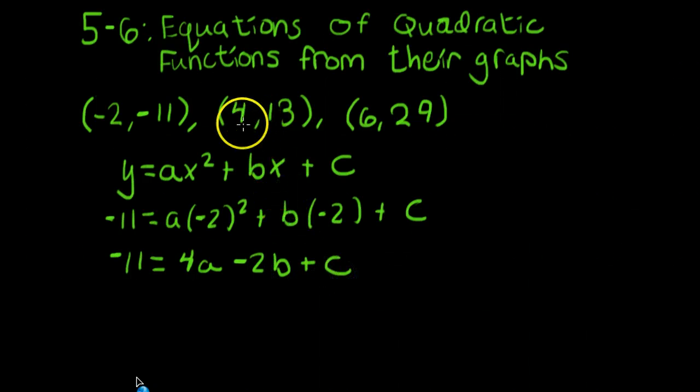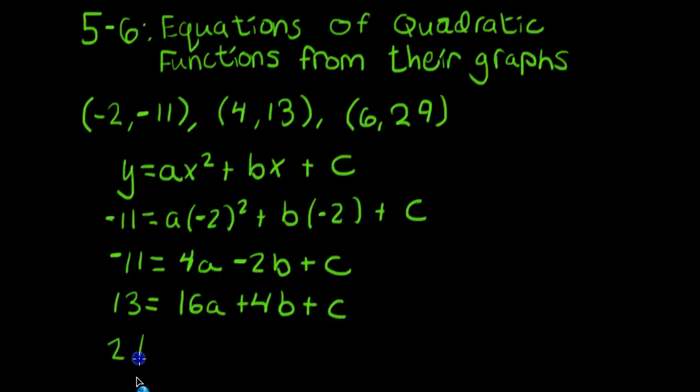And if you do a similar thing for these 2 points, you just got to plug in 4 for x, 13 for y, and then 6 for x, and 29 for y. You're going to get the other 2 equations. 13 equals 16a plus 4b plus c. And then 29 equals 36a plus 6b plus c.